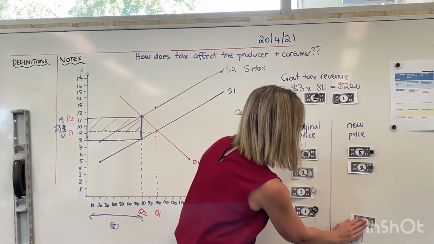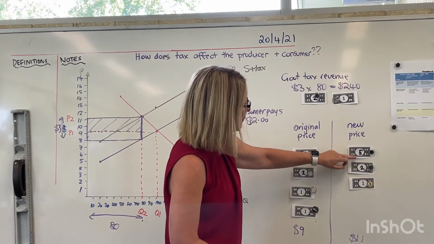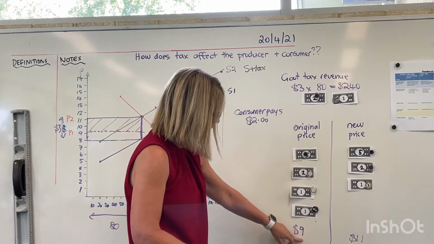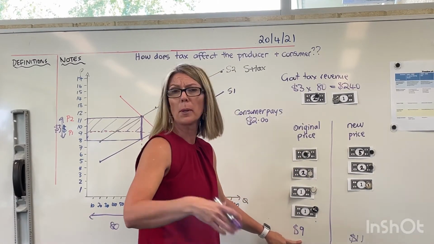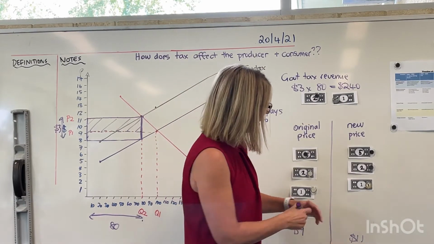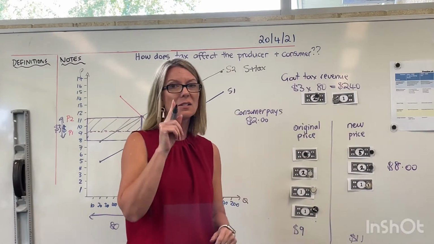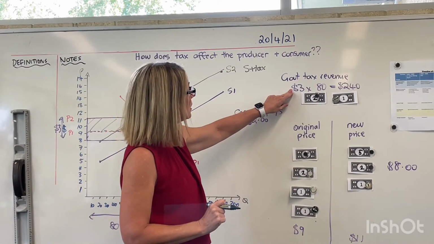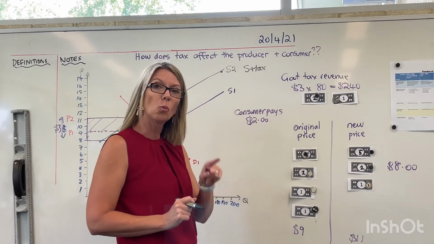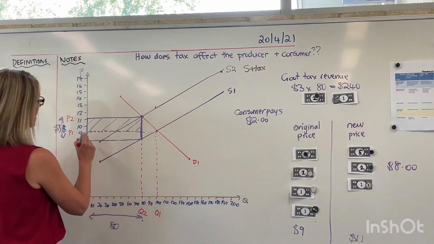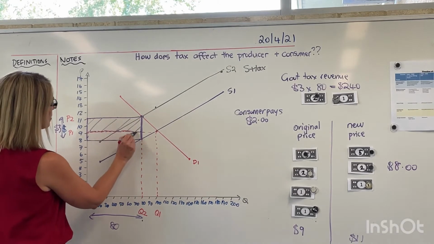So what do we actually have left for the producer? $5, $7, $8. They were originally, from the customer, getting $9, and they didn't pay any tax. Now they're only getting $8. So 9 take 8 is $1. So out of that $3, the producer is paying $1 of it, and we can see that on this box. That was the original price, $9.